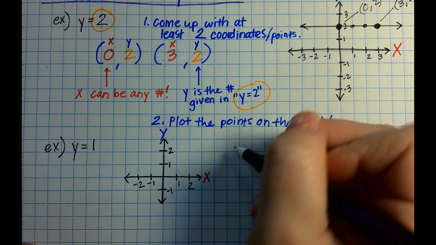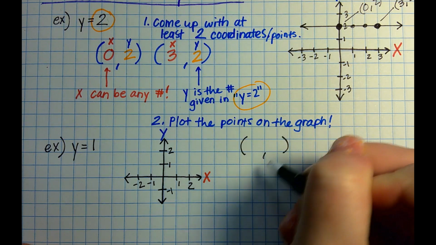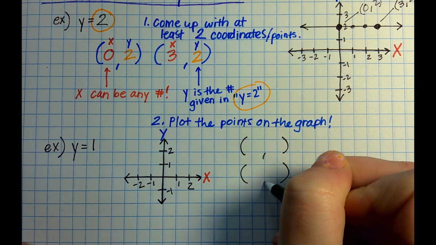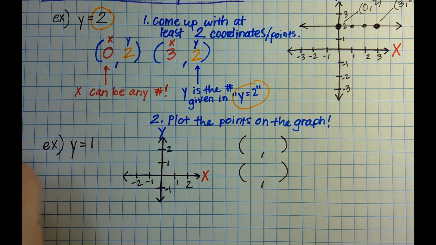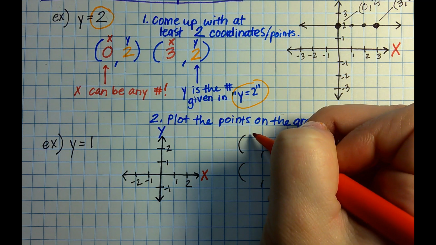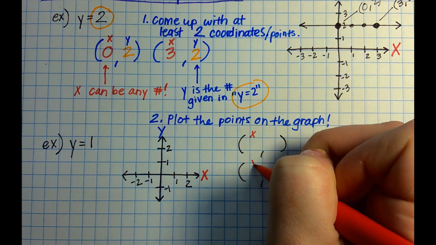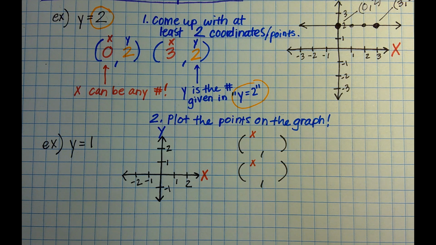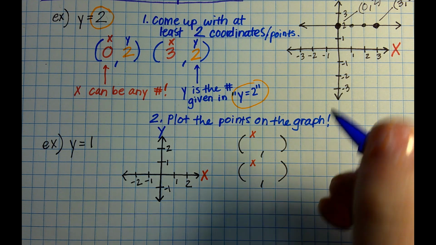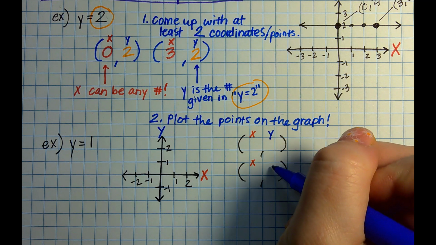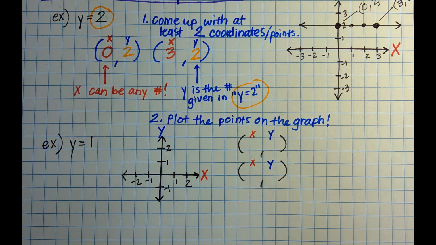So I'm going to write 2 empty sets of coordinates. And just to remind myself, and I think it's always a good thing to start with, we're going to put a little x above the first place and a little y above the second place. It's so easy to mix that up. X is first, y is second.